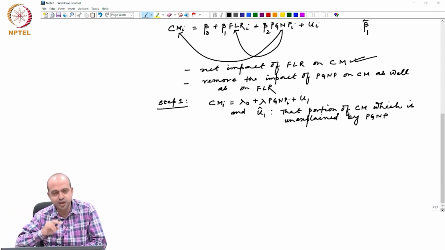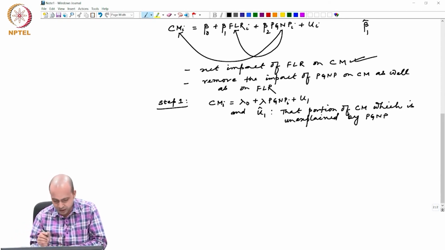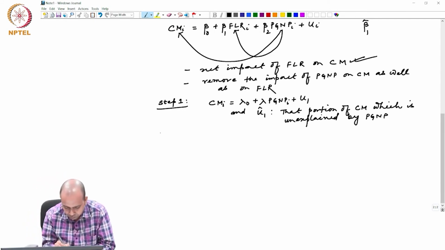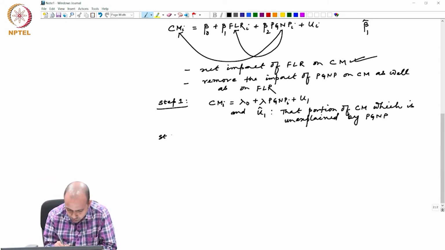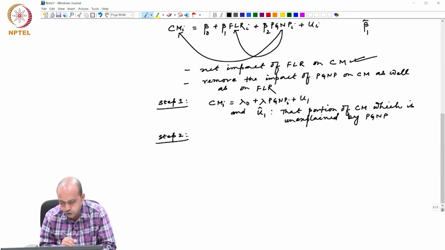How to do that? Get the u1 hat which is basically the residual, which is that portion of CM which is unexplained by PGNP. Then in step 2, what we should do?